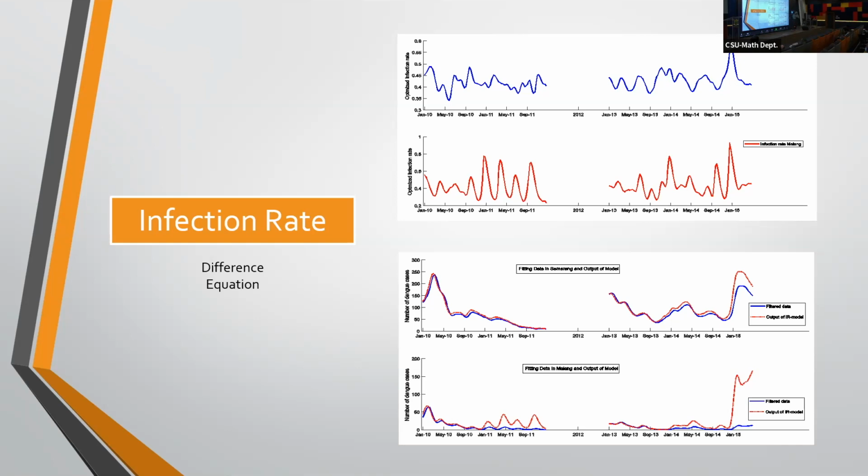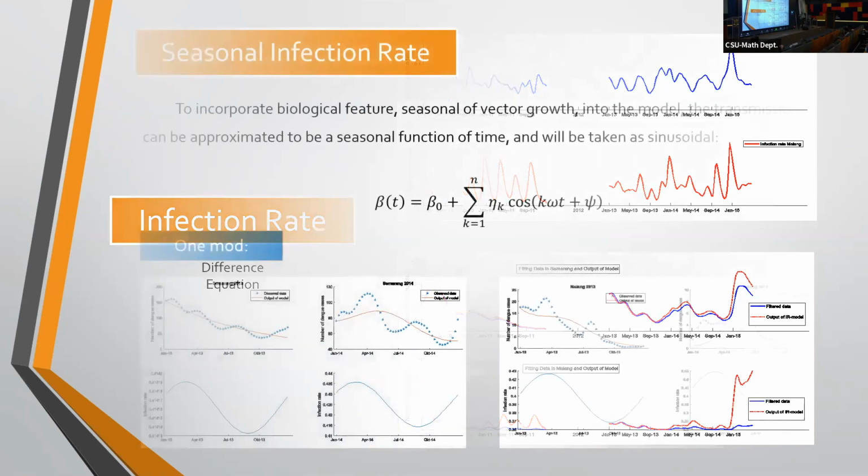You can see in the last tails there is a very different result between the beta and the data. So we prefer spiral dynamic optimization, but it is hard to do because it takes so long compared to the difference equation.